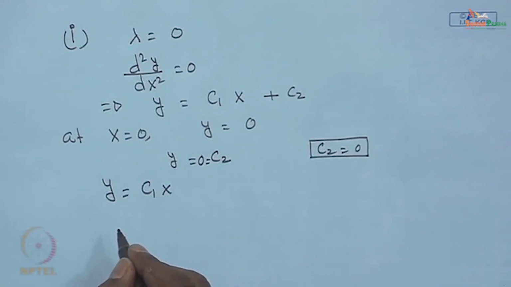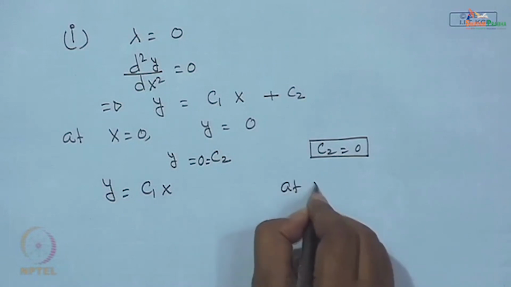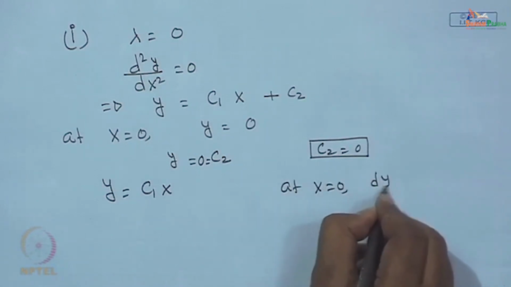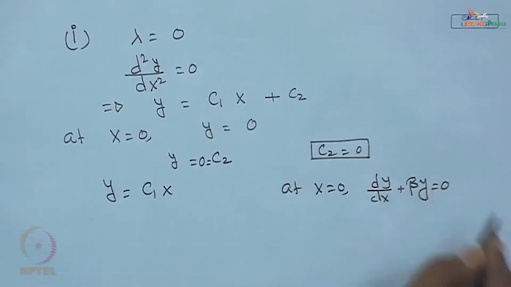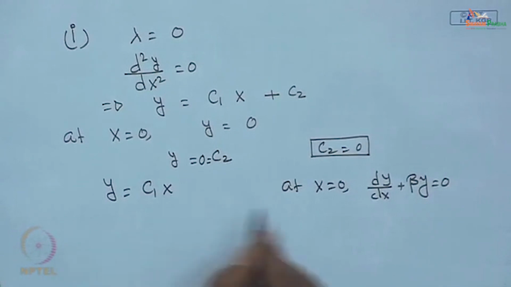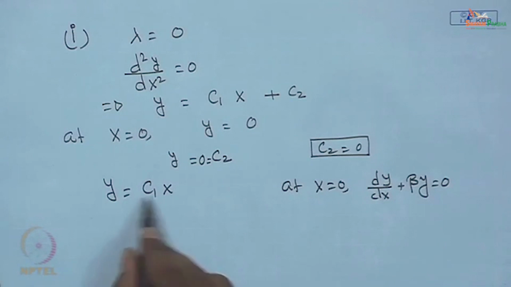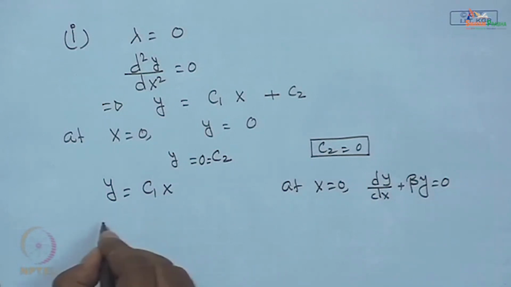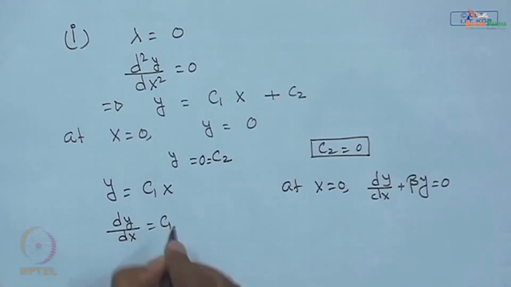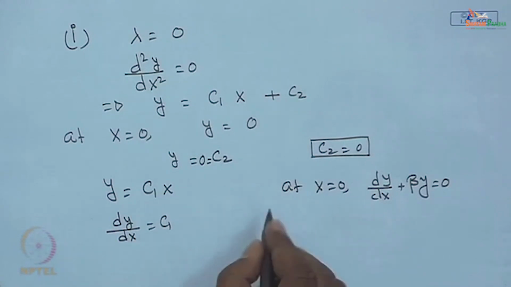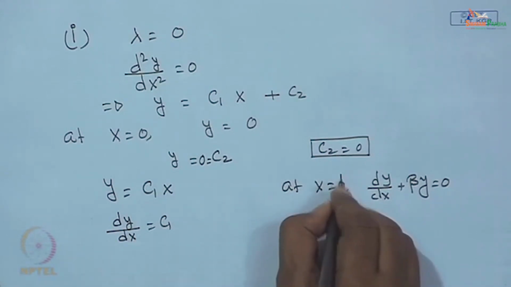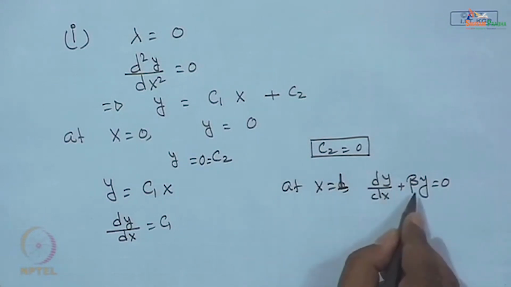Now, if we use the other boundary condition, at x is equal to 1, dy dx plus beta y is equal to 0.